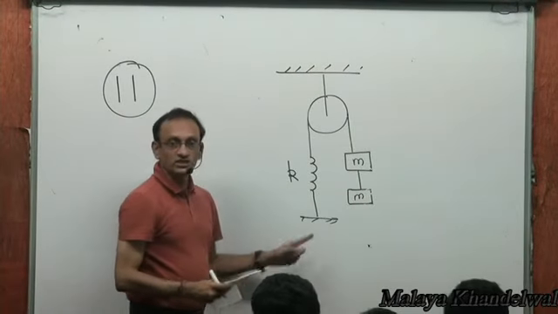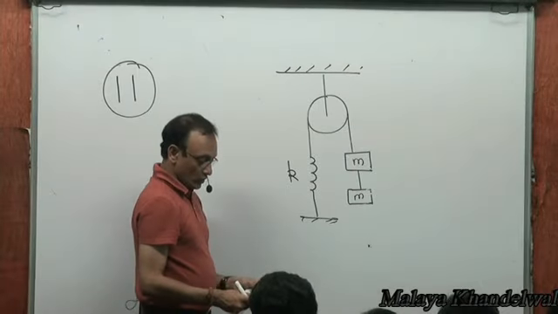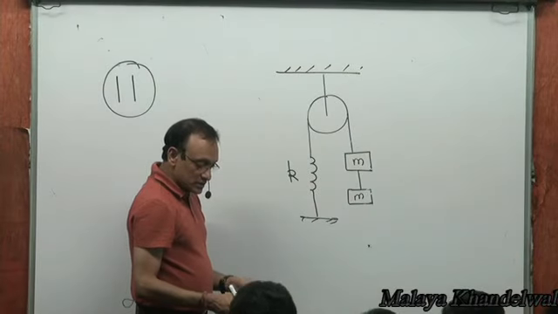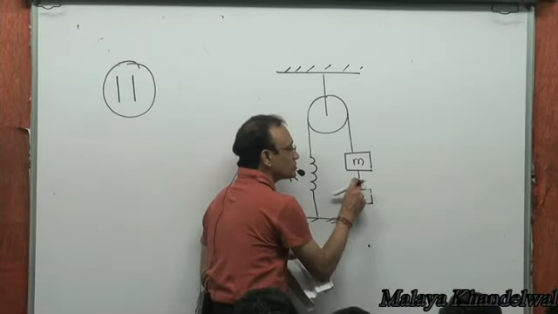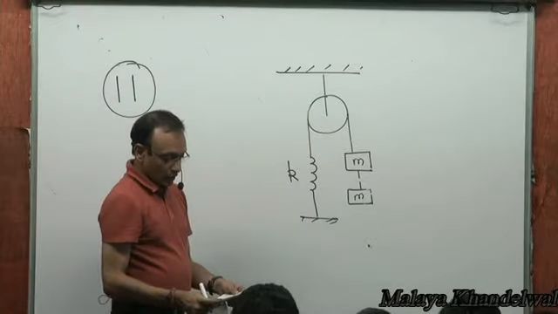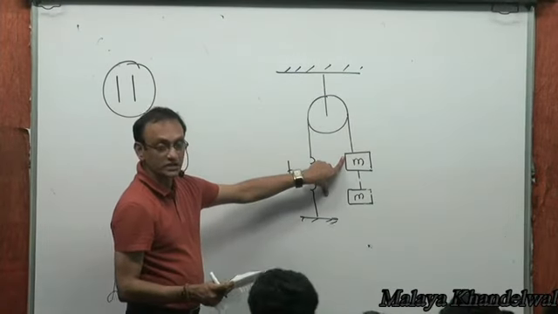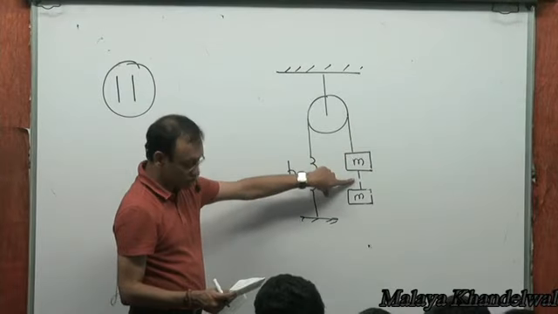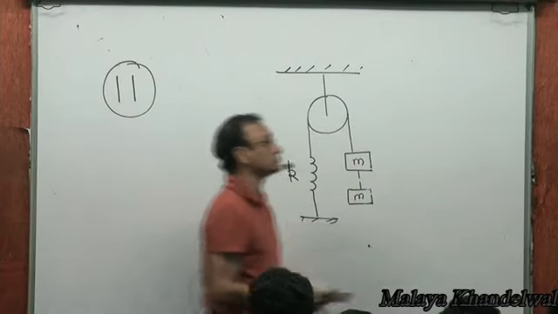Now the blocks are at rest initially. The string is burnt at this point. We want to find the acceleration of the upper block right after burning the string. We want to find the acceleration of this block.